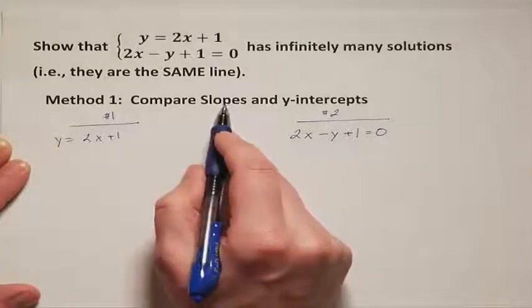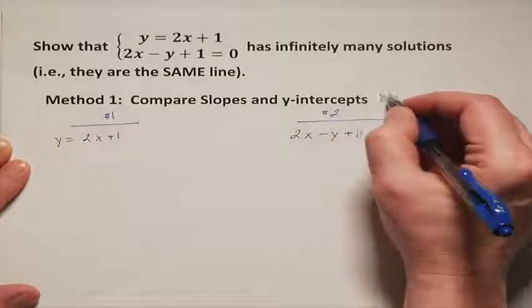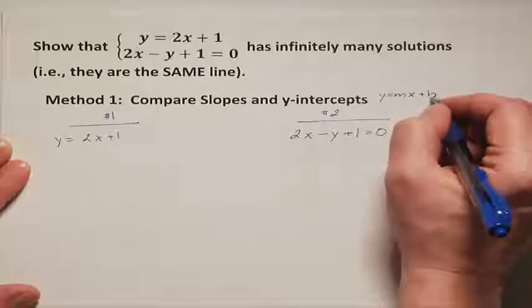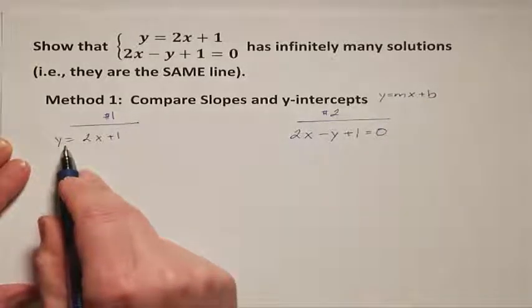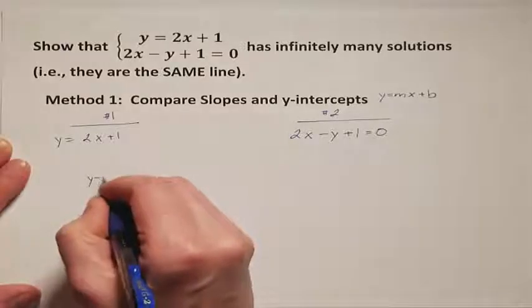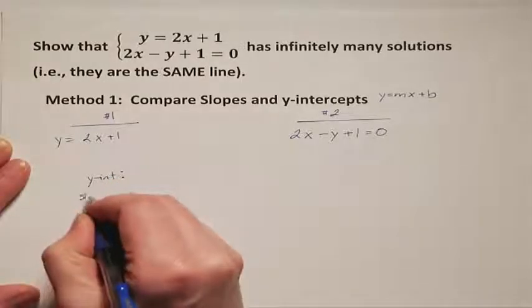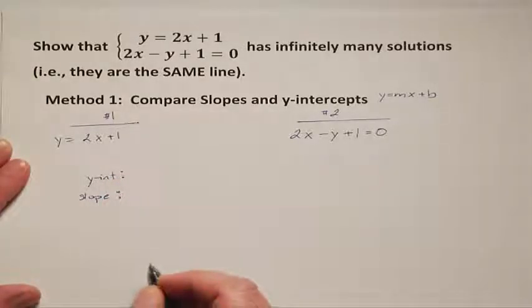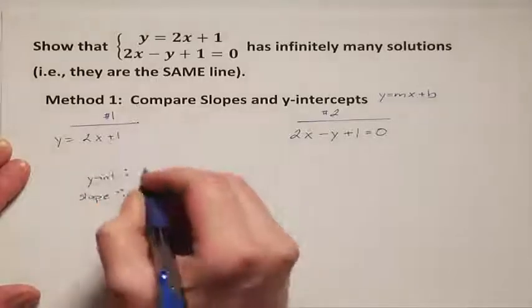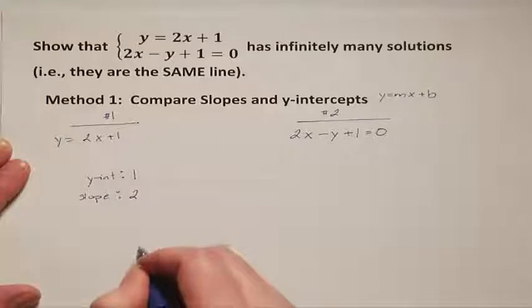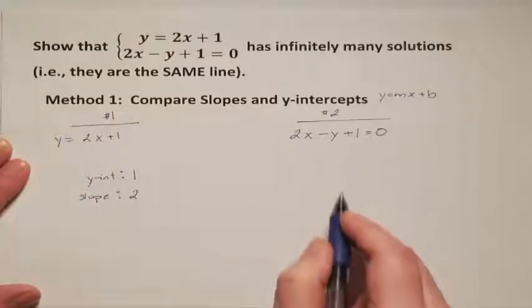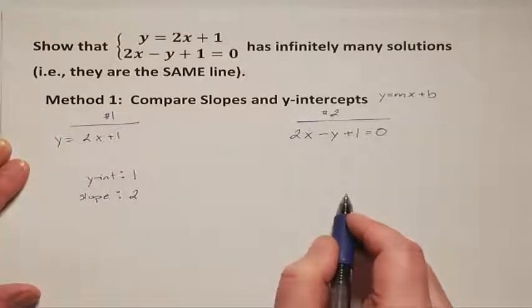I am not able to compare slopes and intercepts unless my equation is written in y equals mx plus b form. Equation number 1 is. So I'm going to identify my y-intercept and my slope. My y-intercept is the b, which is a positive 1. My slope is a 2. Now I need to know what the slope and intercept are of line number 2 so I can compare.